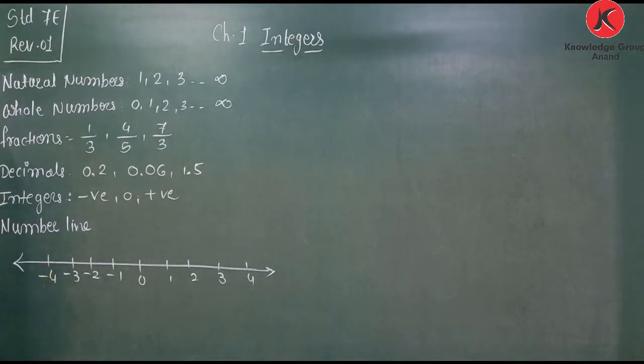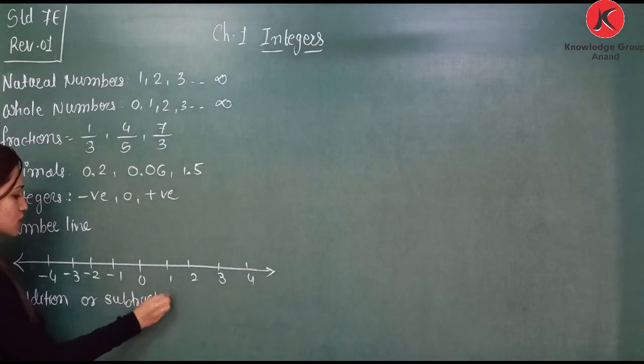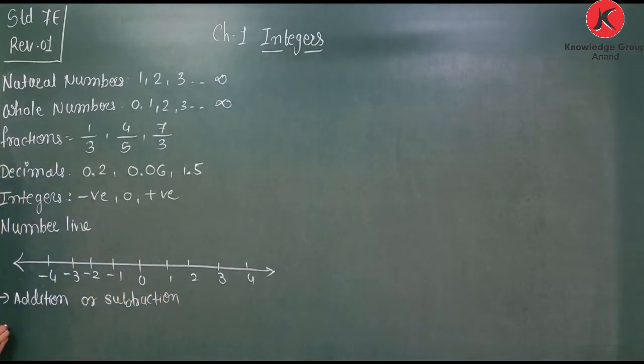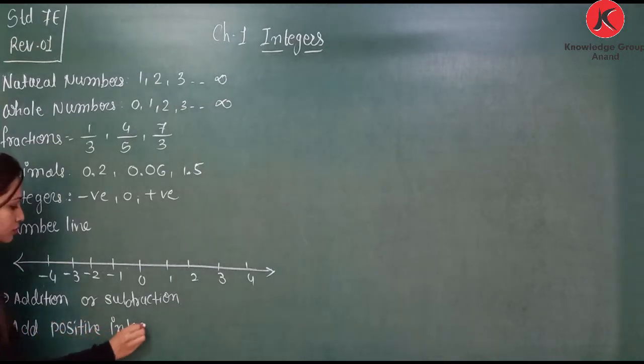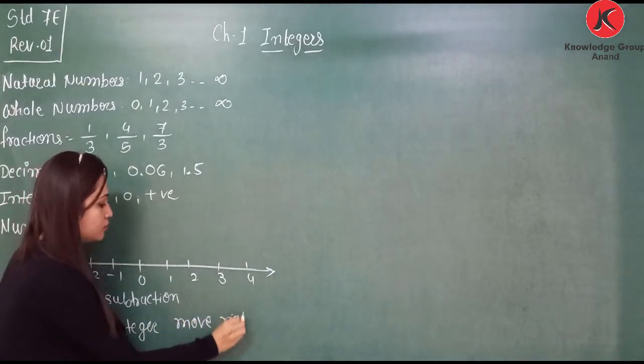Now we also need to perform addition and subtraction of integers. So what do you need to remember? You need to remember four statements. First, for addition or subtraction of integers: if we add a positive integer, move right.